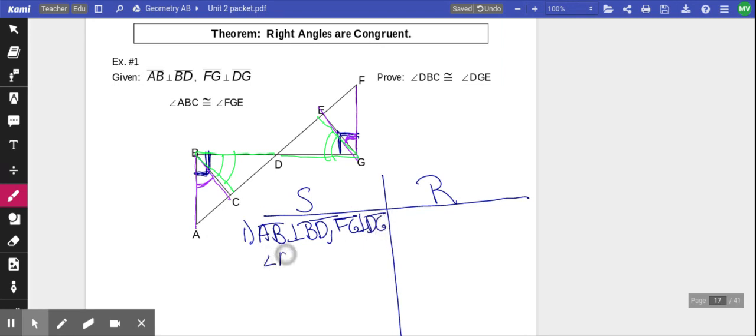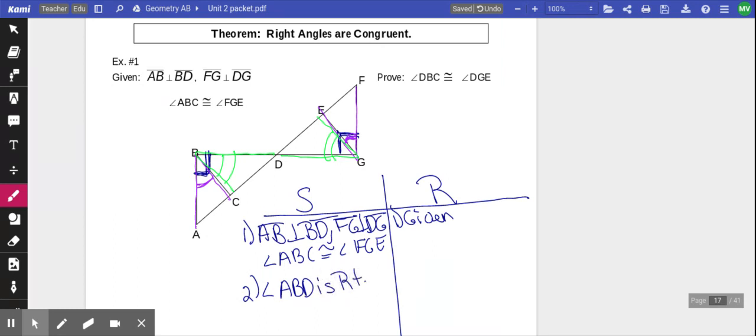And we can say that angle ABC is congruent to angle FGE. And that's our given.